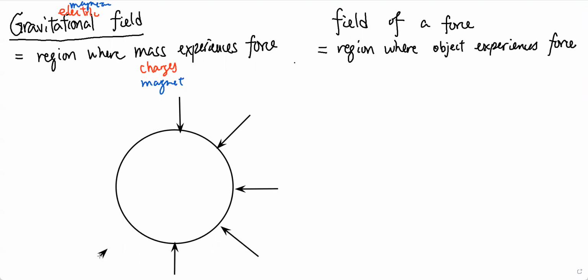So all the field lines point towards the Earth. It's quite similar to a negative point charge. Quite similar, but not quite similar. Okay. So these are the gravitational field lines.